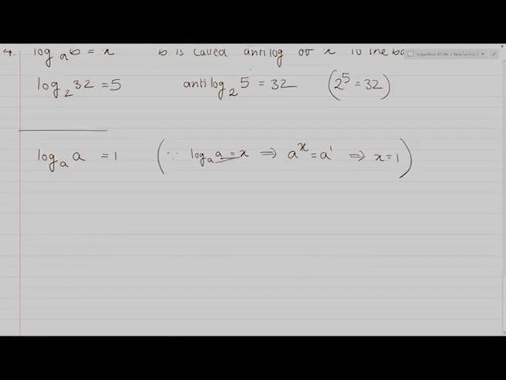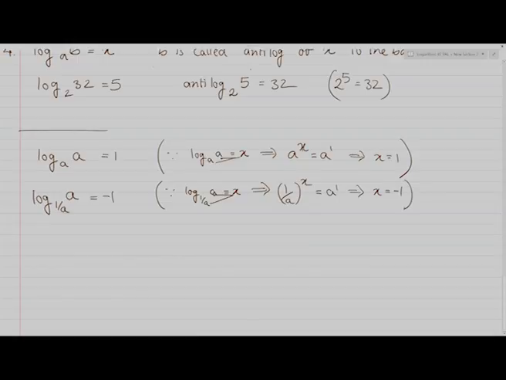The next property is log to the base 1 by a of a, which is equal to minus 1. How to derive it? It is very simple. Let log to the base 1 by a of a be equal to x. The 7th rule implies 1 by a raised to x is equal to a, that means a raised to minus x is equal to a raised to 1, so x is equal to minus 1.